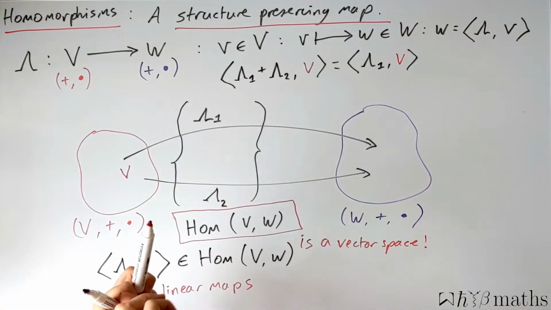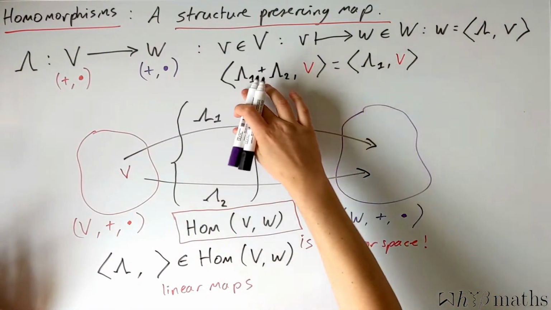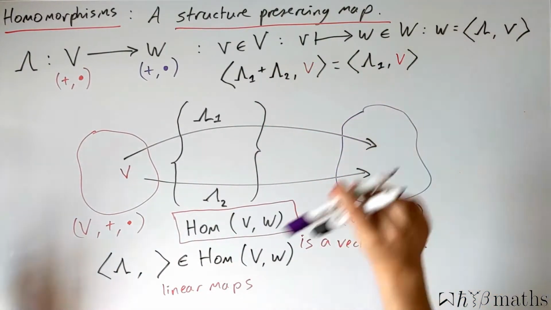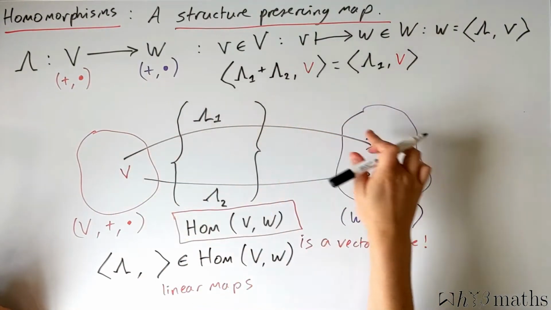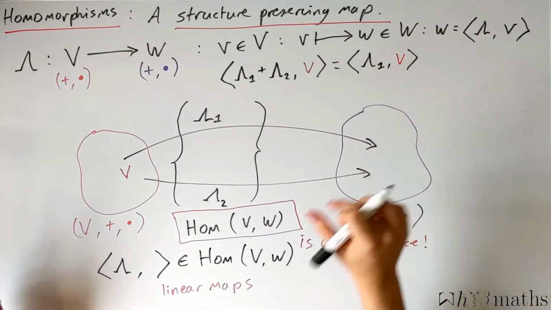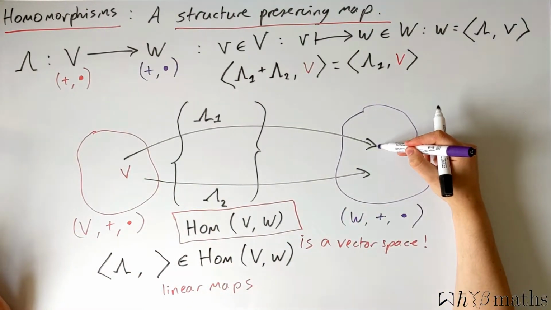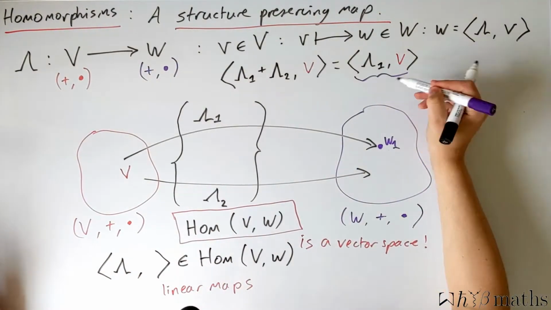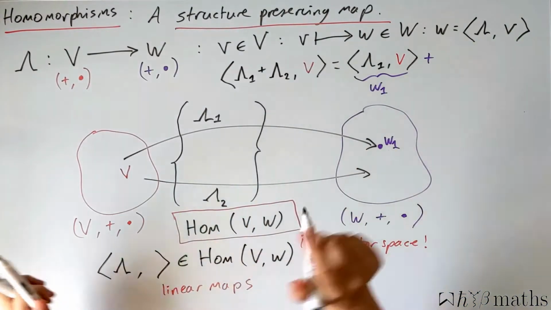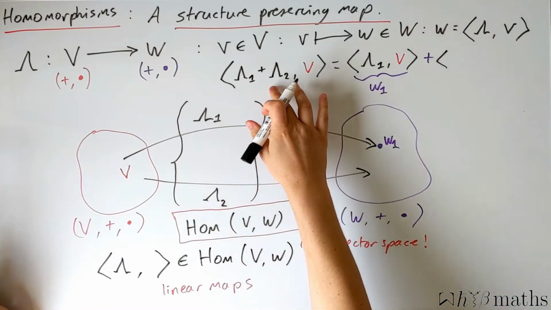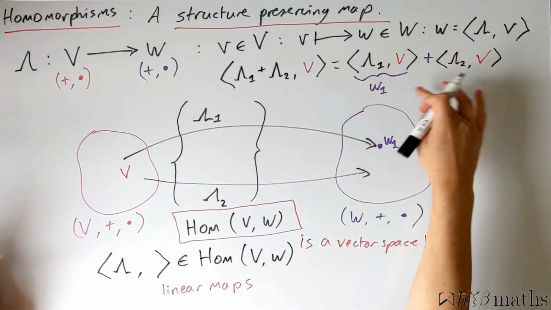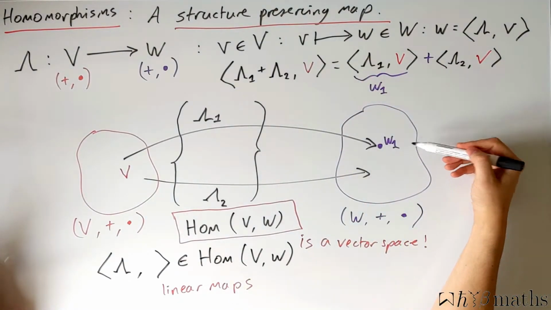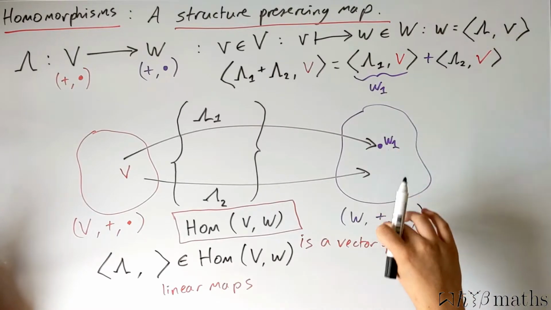We simply act with each map individually on the vector, and then because we know that lambda 1 acting on V gives us some element in W, which I'm going to call W1, we can then add the result of mapping lambda 2. And because these are simply two vectors that live in W, we can vectorially add them using the W plus.